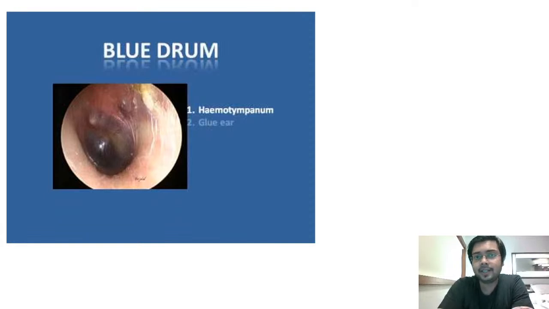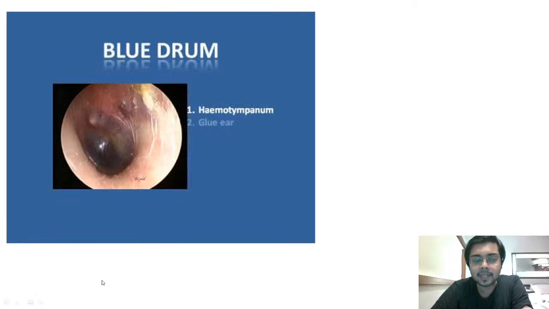One more condition can be cholesterol granuloma, and in many cases people say glomus tympanicum, that is in glomus tumor, your tympanic membrane appears reddish blue. So if they ask you about blue drum, hemotympanum, glue ear and cholesterol granuloma are more appropriate than the glomus, because that glomus is reddish blue.